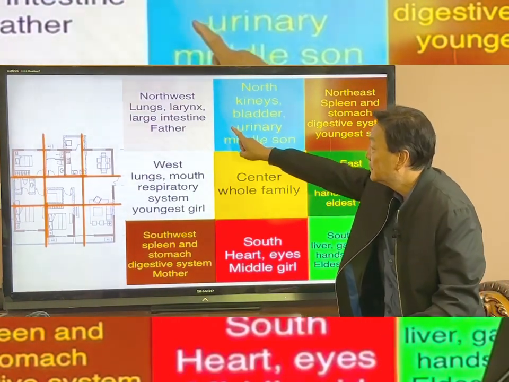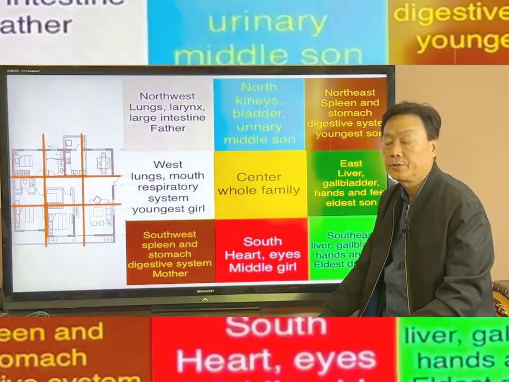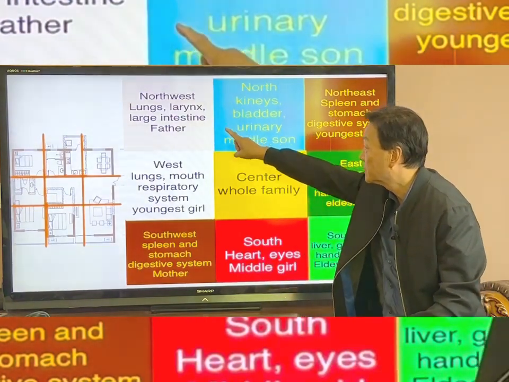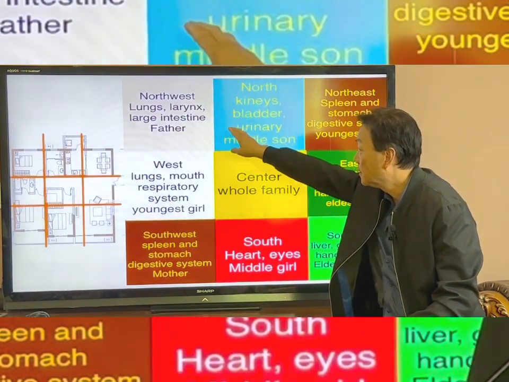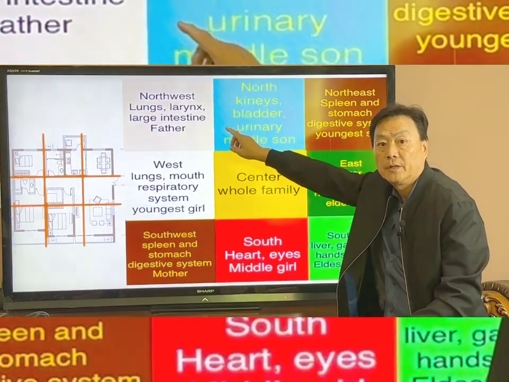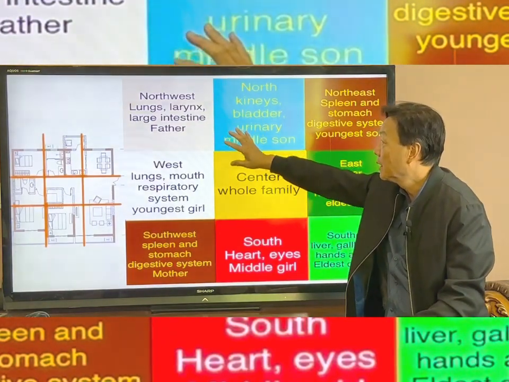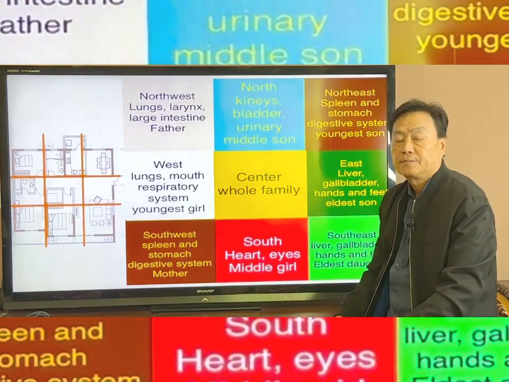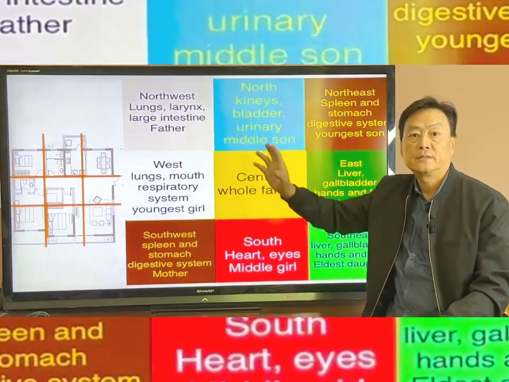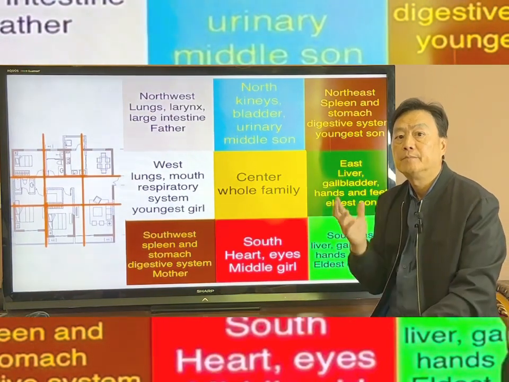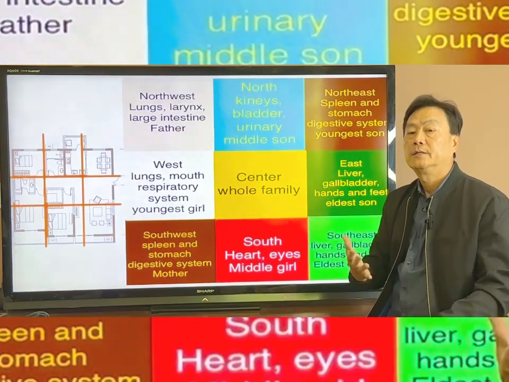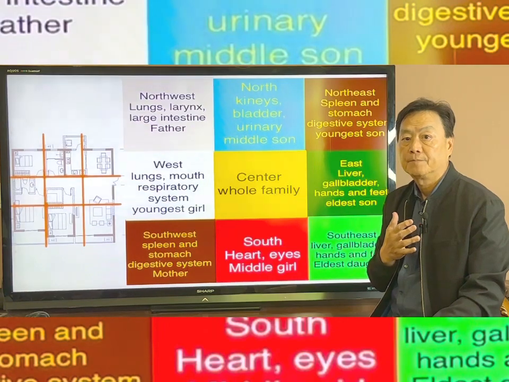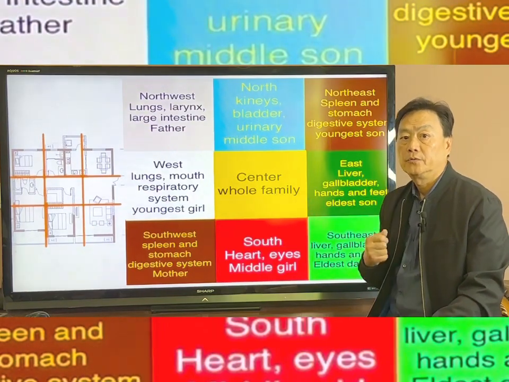This will affect the lungs and the large intestine. Mostly they will affect the lung, the breathing system, because the five element of northwest is metal. So metal affects our lung system, our breathing system.